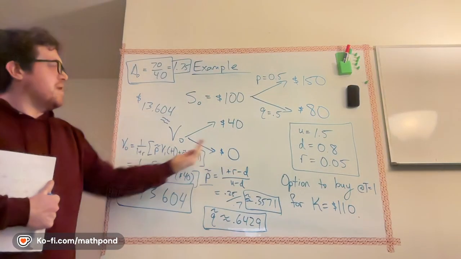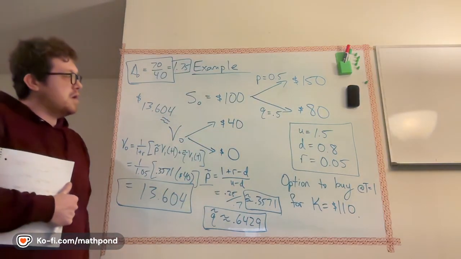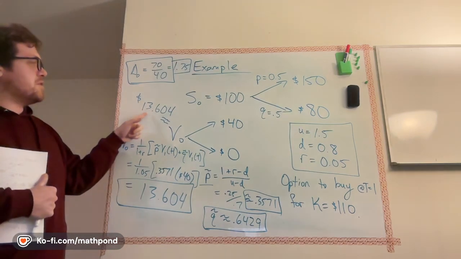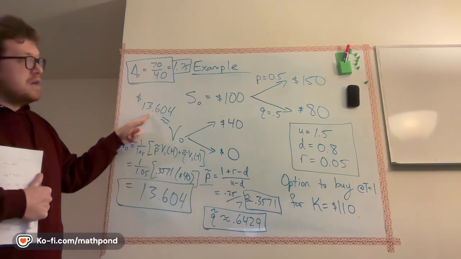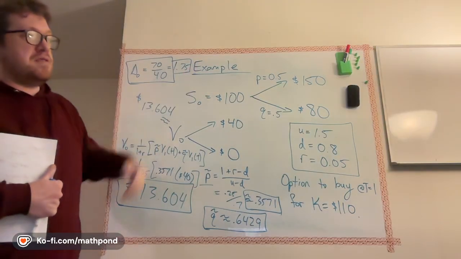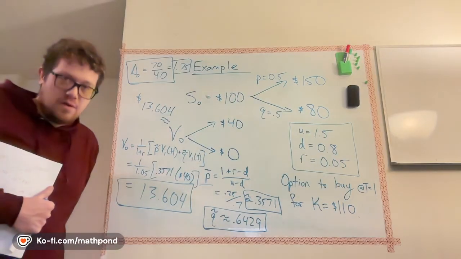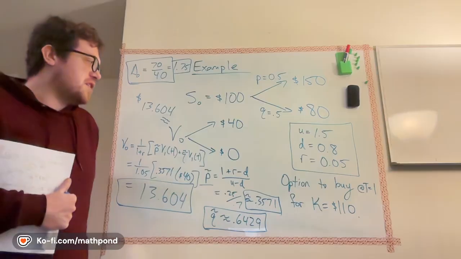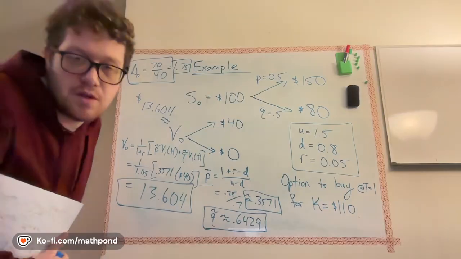And we expect to make the risk-free rate on average, which is 1 plus R. So yeah, the value of the option will be 13.604 or 605, whatever the rounding is, because it's the starting value of a replicating portfolio that you would need to hedge the option based on the two things that can happen.